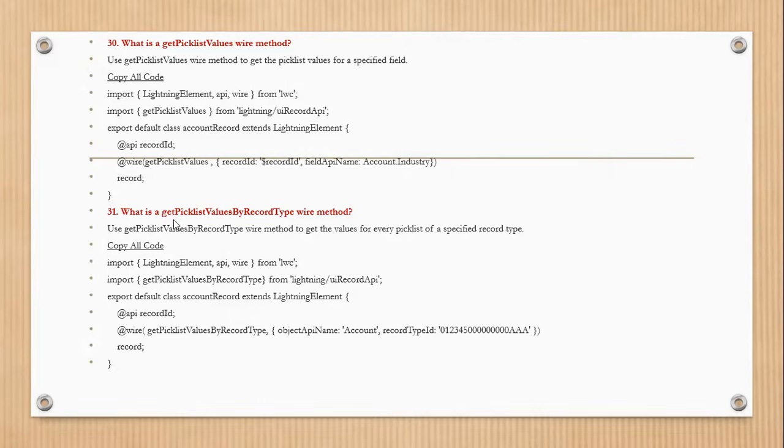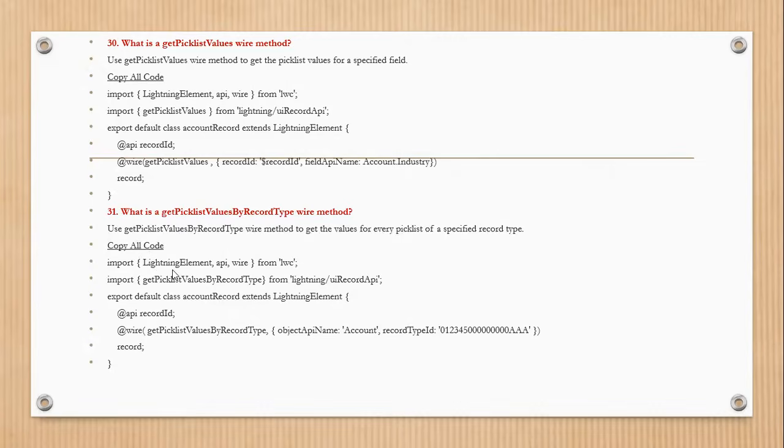Next, what is getPicklistValuesByRecordType method? Use the getPicklistValuesByRecordType method to get the values for every picklist of a specific record type.